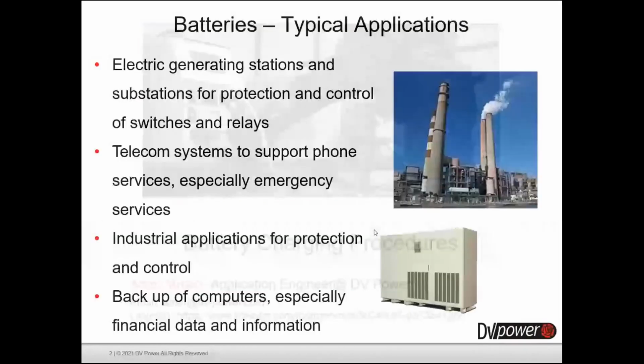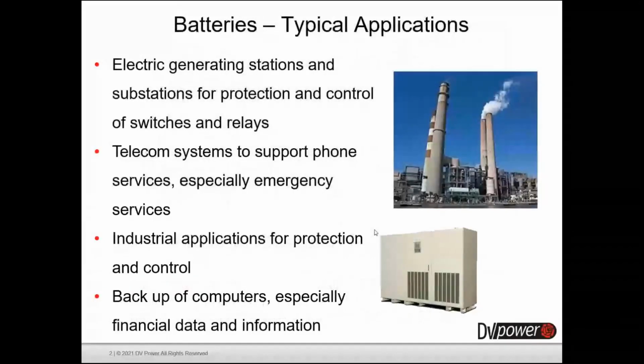So first things first, let's talk about the batteries. Batteries can be found everywhere, and the applications where we can find them are increasing every day. It's an upcoming market.